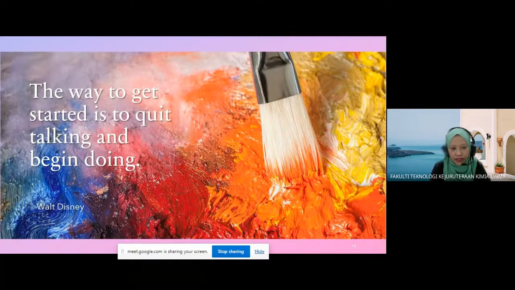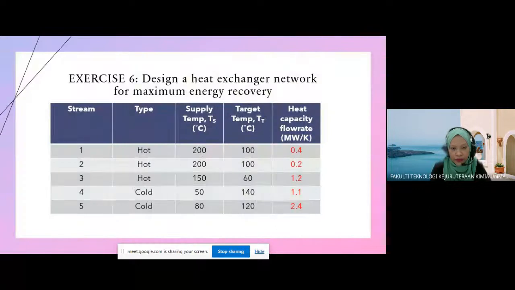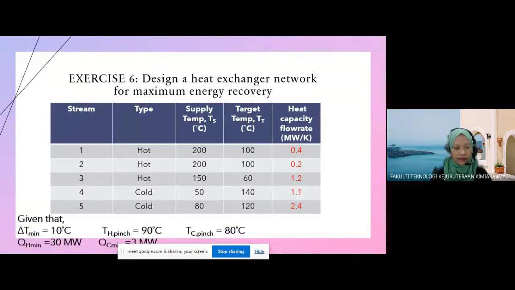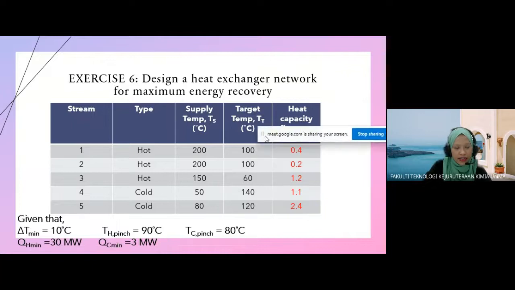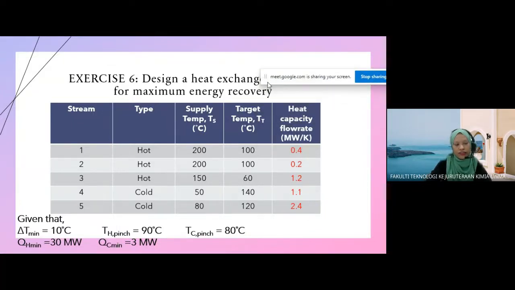But for this one, you need to design a heat exchanger network for maximum energy recovery, given the value of QH min, QC min, and pinch temperature. But if you are not given this data, you need to calculate these values using the problem table algorithm or using the composite curve as well.